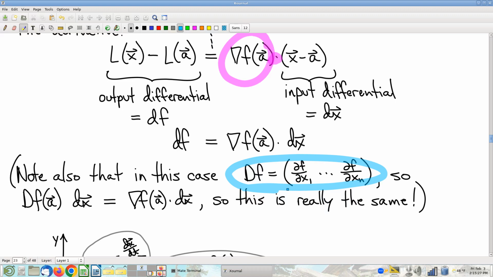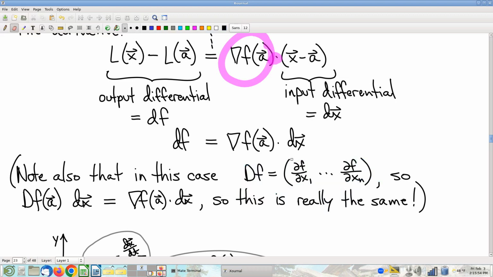That's what the gradient is. The only difference, when you're talking about a real valued function, between the gradient vector and the derivative matrix is that we think of the gradient vector as being written vertically, and we think of the derivative matrix as being written horizontally. It's the same elements, though, just kind of written sideways. So these are actually the same things.